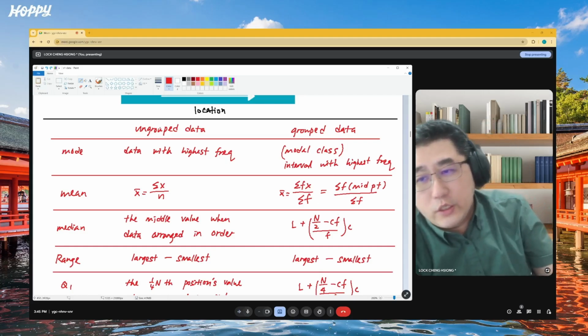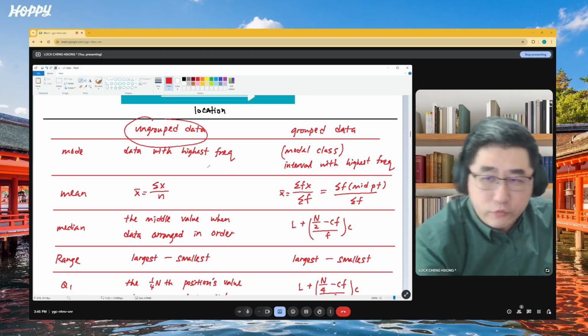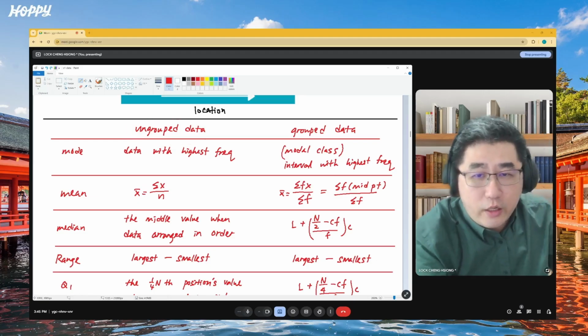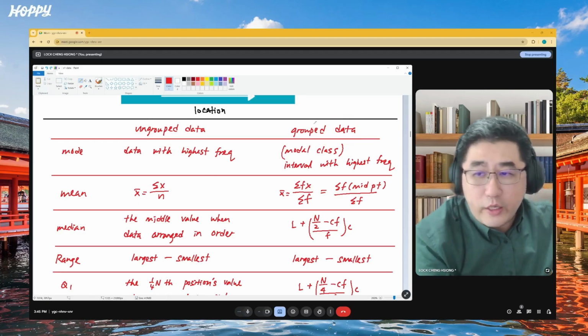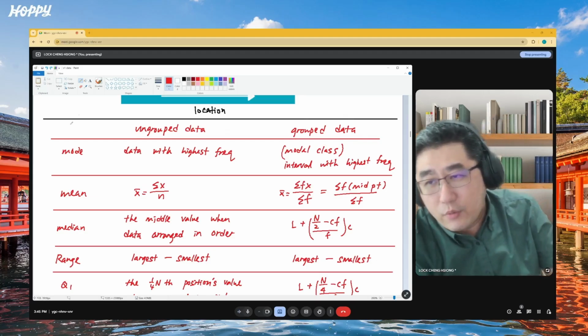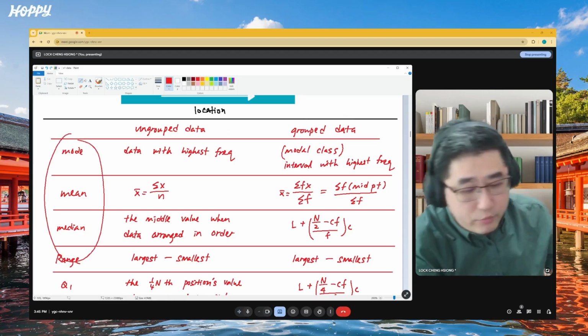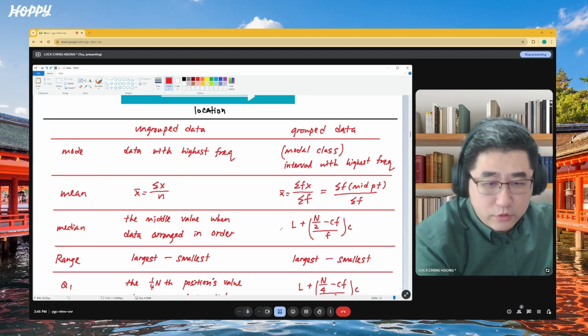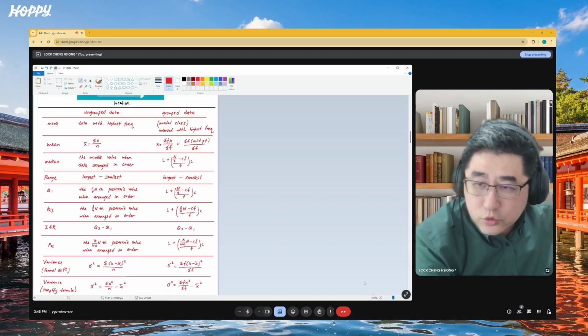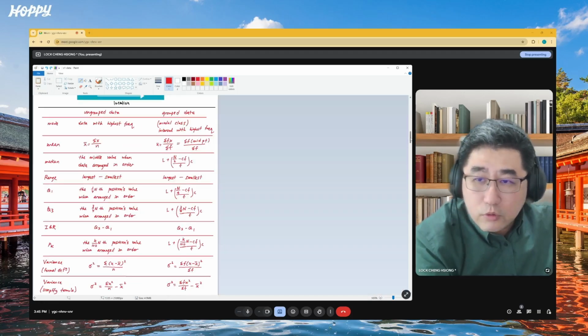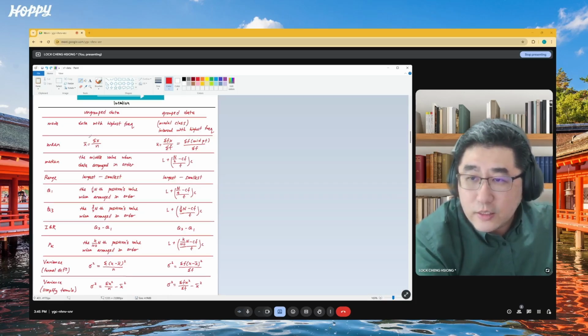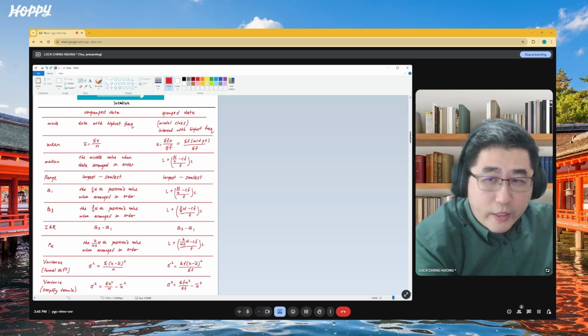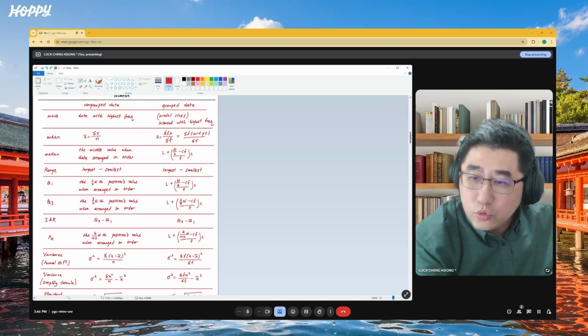Up here, you will see the information about ungrouped data and grouped data, and the type of summary you have. Let me zoom out a little bit, then you can see there are quite a number of items you are expected to know.